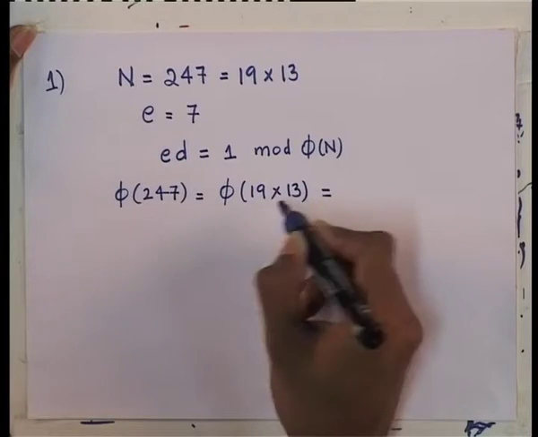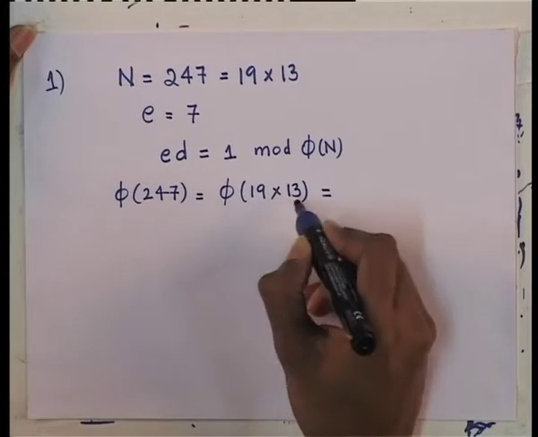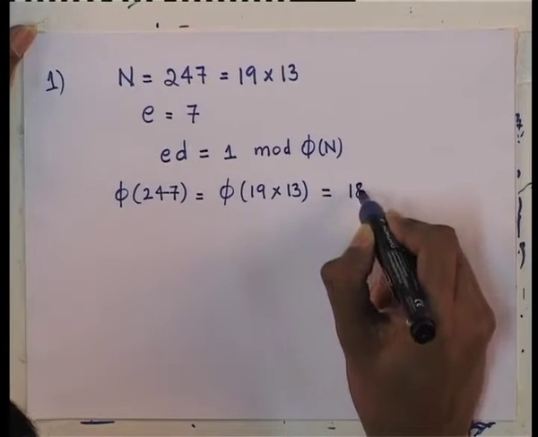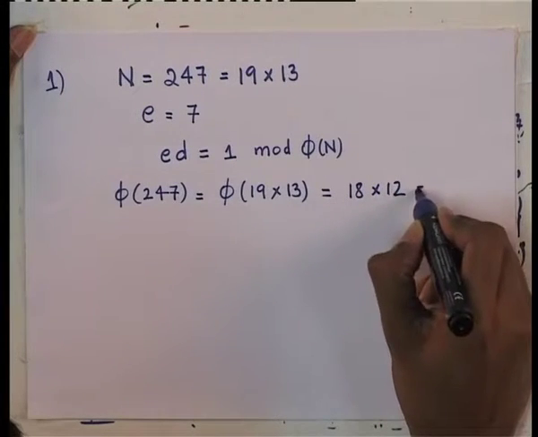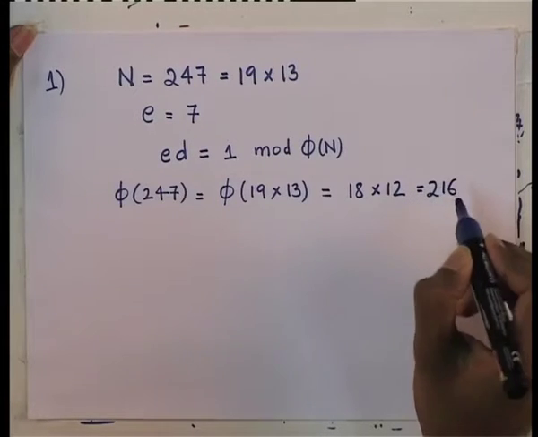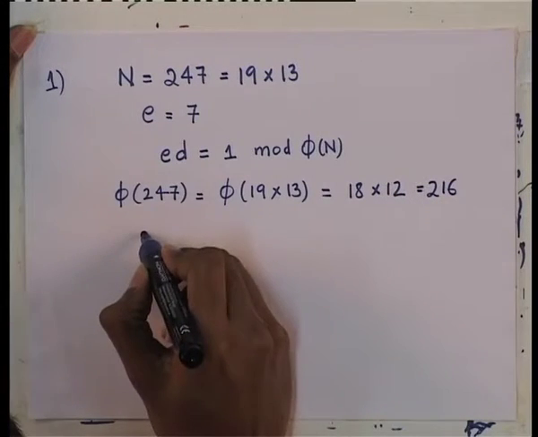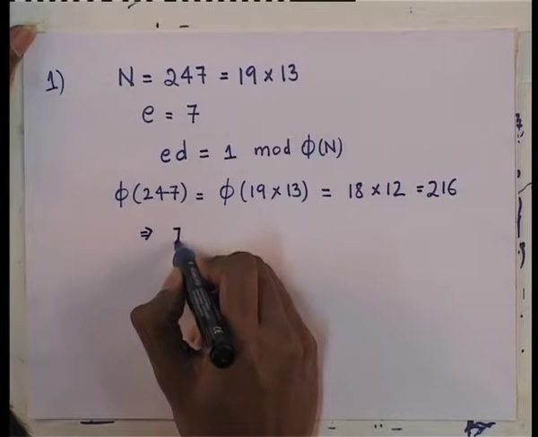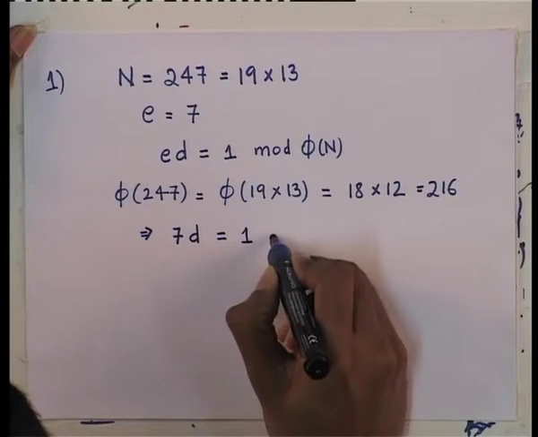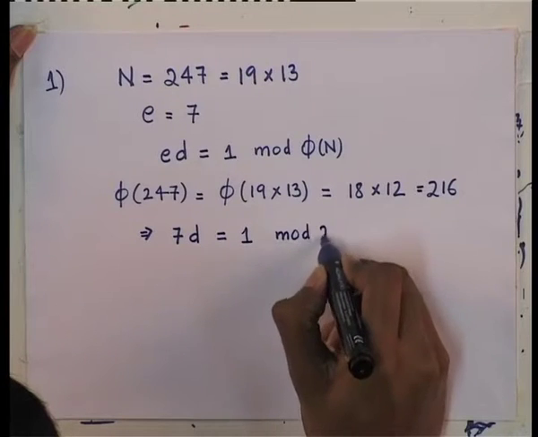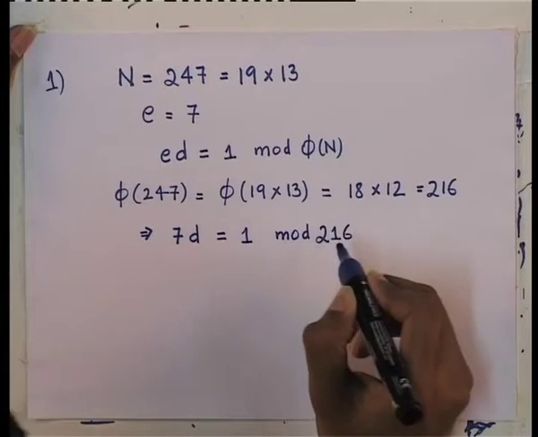As both are prime numbers, phi of 19 times 13 is 18 times 12, which is 216. So we need to find D such that 7 times D is equal to 1 modulus 216.